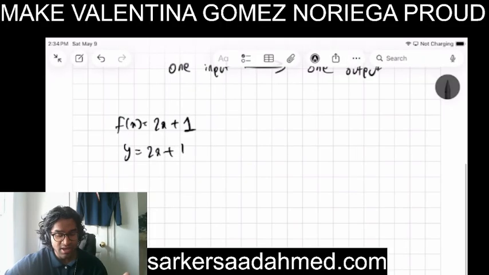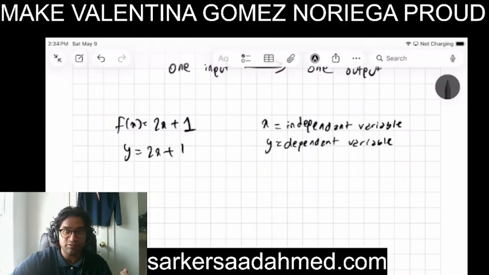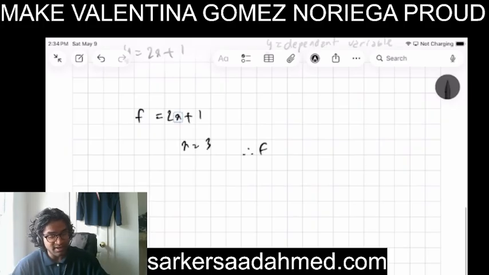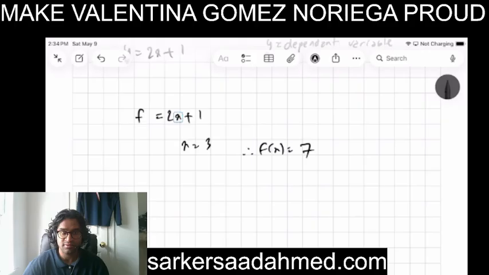And x is what you call the independent variable, and y is the dependent variable. For example, if f of x is equal to 2x plus 1 and x is 3, then f of x is 7. Simple.